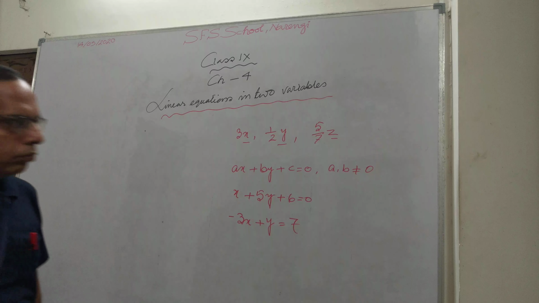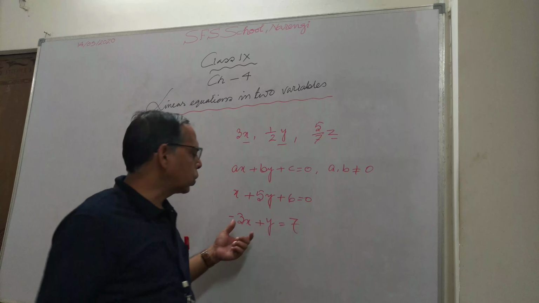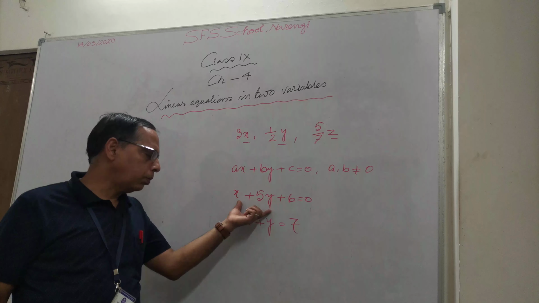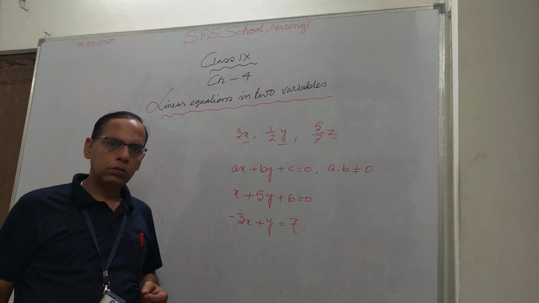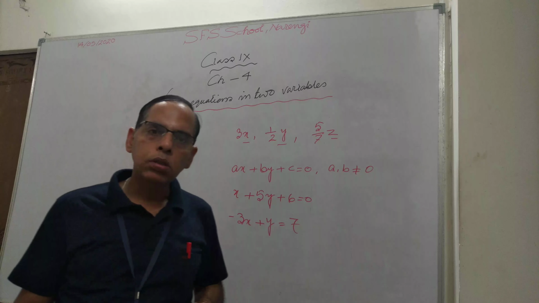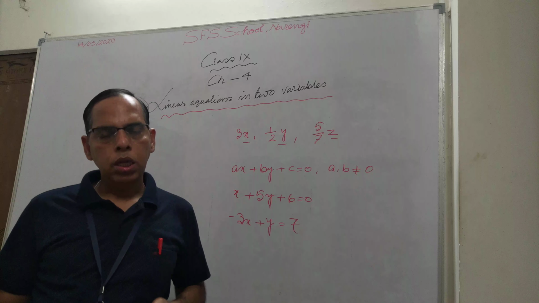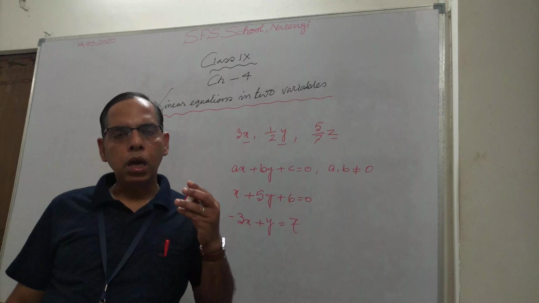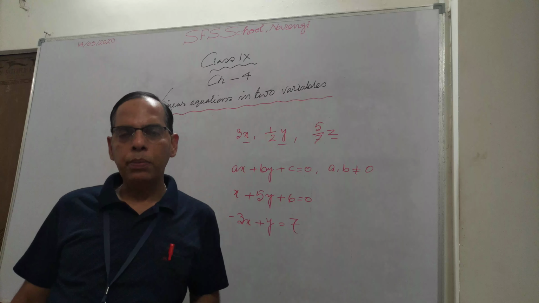Now, if we solve these, will we get a unique solution? We will get a unique solution, infinitely many solutions, and no solution in class 10. Here, just try to understand the unique solution. As there are two variables, we need two equations. If we get two equations, then there is a chance that we will get a unique solution.